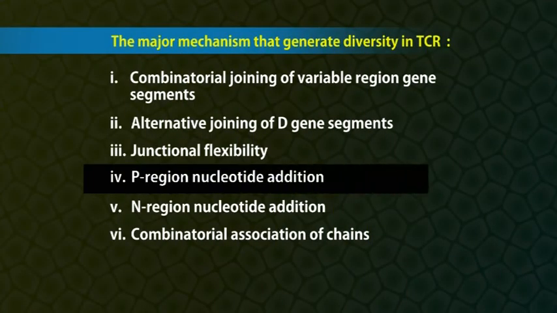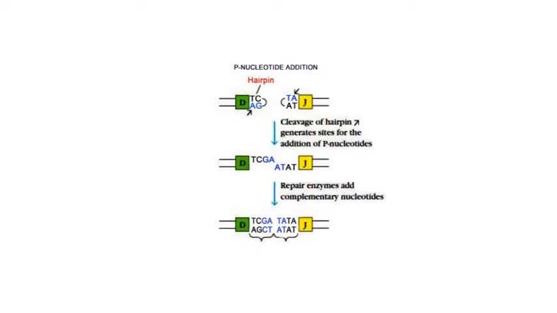P-region nucleotide addition. After the initial single-strand DNA cleavage at the junction of a variable region gene segment and attached signal sequence during the joining of gene segments, the nucleotides at the end of the coding sequence turn back to form a hairpin structure. This hairpin is later clipped by an endonuclease. The second cleavage sometimes occurs at a position that leaves a short single strand at the end of the coding sequence.